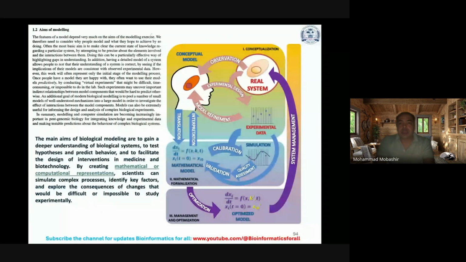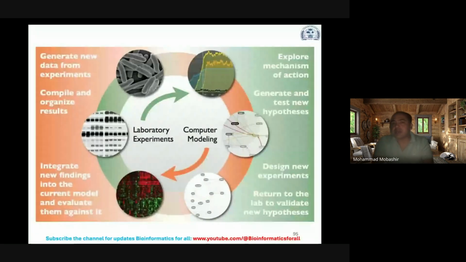Now, you can think in another way. For example, you need to understand the mechanism of action, generate and test new hypotheses, design new experiments, and return to the lab to validate the new hypotheses.